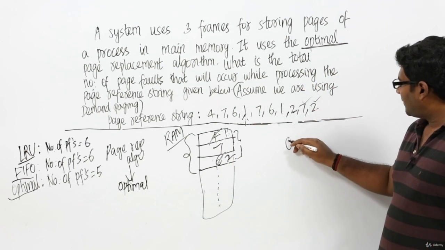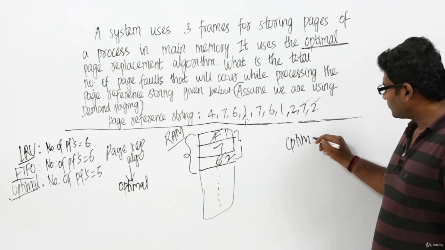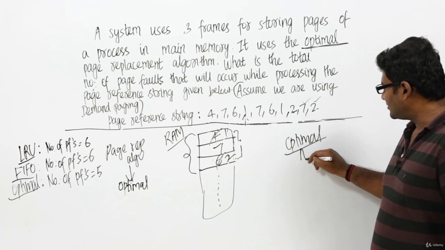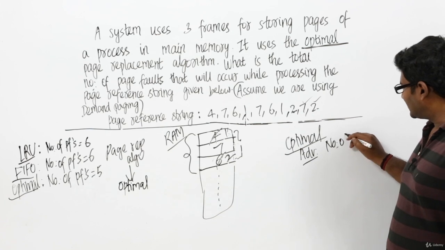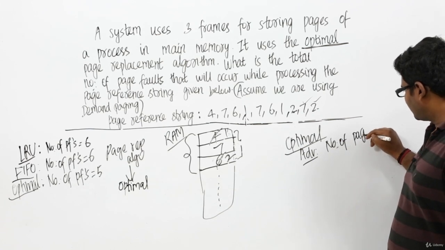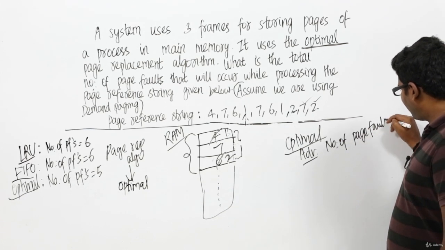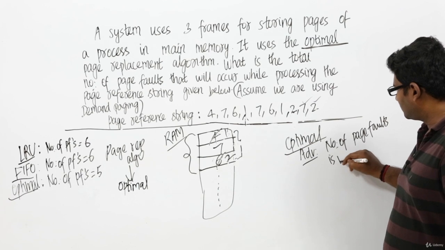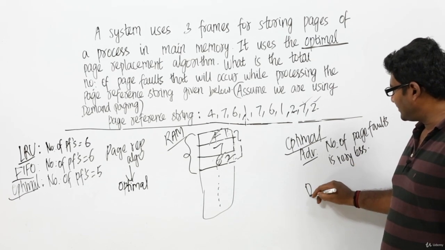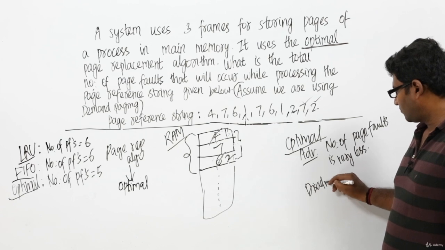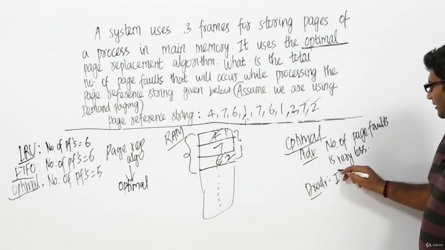So optimal page replacement algorithm has an advantage that the number of page faults is the least. Number of page faults is very less. But it has the disadvantage that it is not practically implementable.